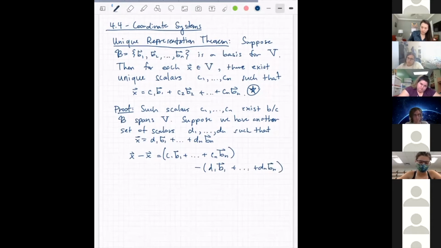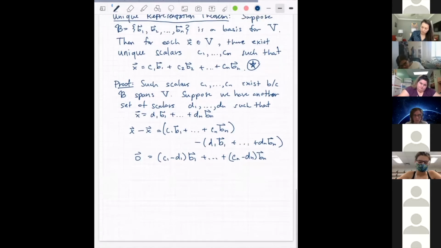So on the left-hand side of this equation, we get the 0 vector because X is equal to X. On the right-hand side of the equation, we can group these by the vectors. So we would get C1 minus D1 times B1 all the way down to Cn minus Dn times Bn.